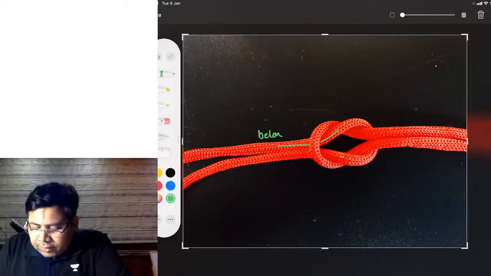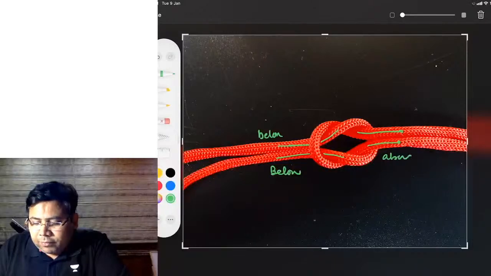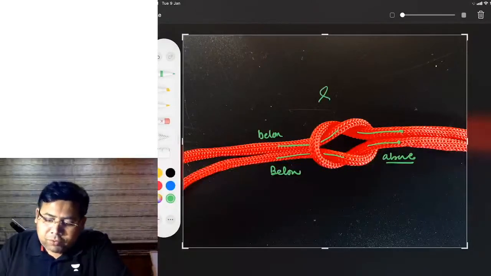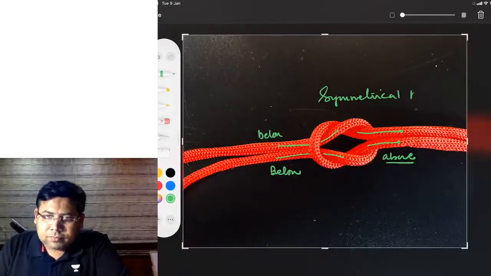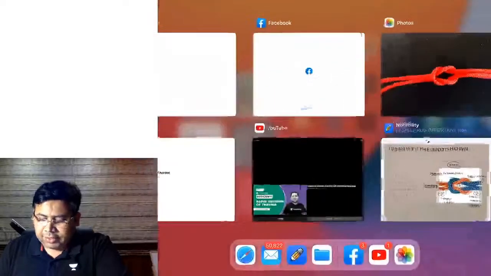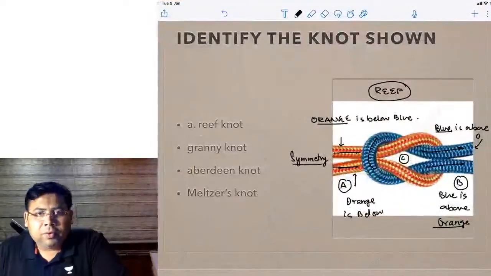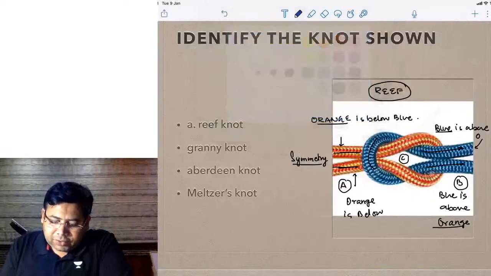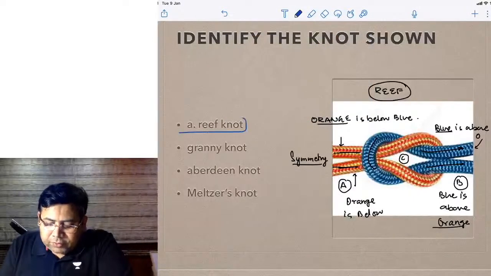Just see, this end is again below. These two ends are above. So this is a symmetrical knot, and this is a reef knot. So I hope reef and granny's are not a problem anymore. So the answer for this is a reef knot.